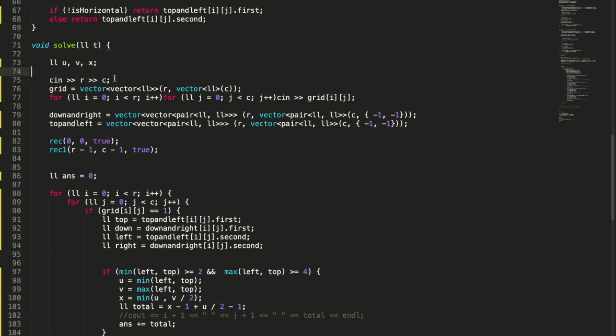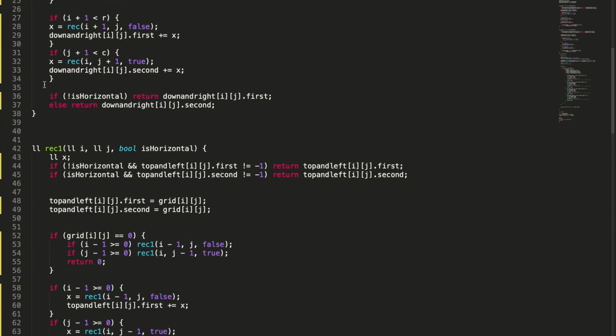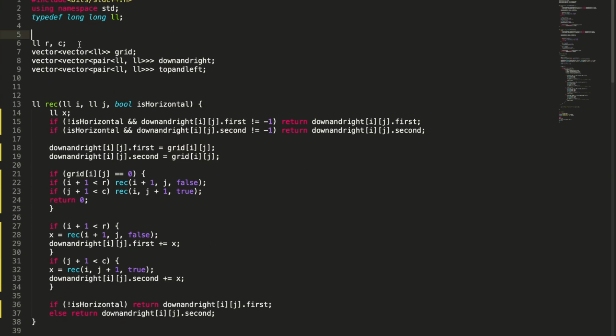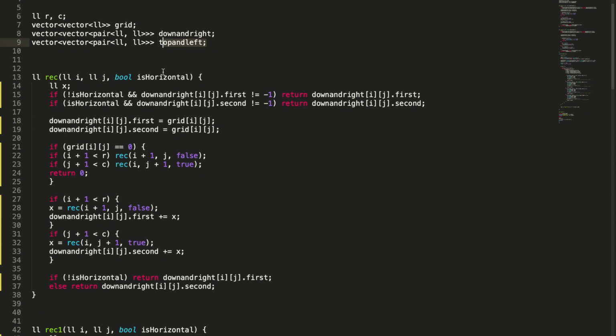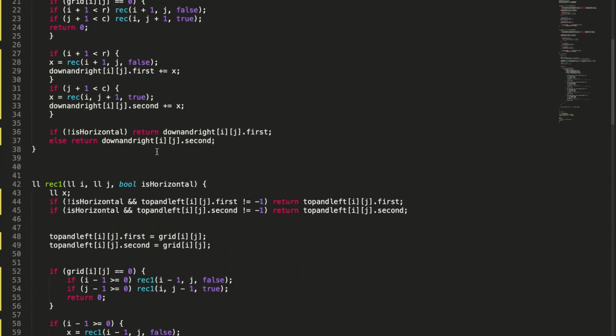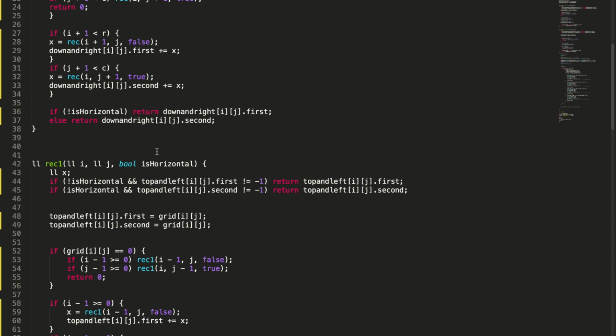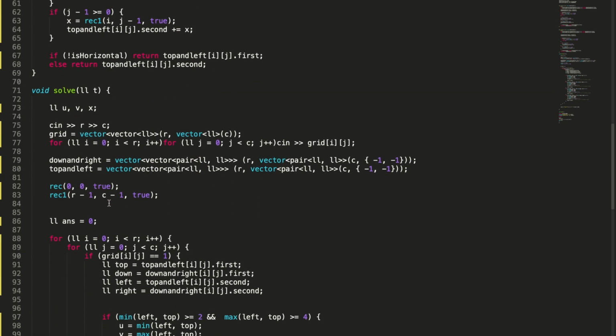Okay, so I have initialized R and C, the vector grid, and the matrices down, right, top and left as global, because I will be using them inside the functions. Global scope was easier because I don't have to pass the matrix to these functions again and again.